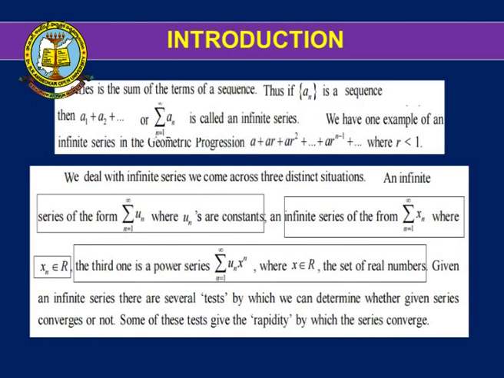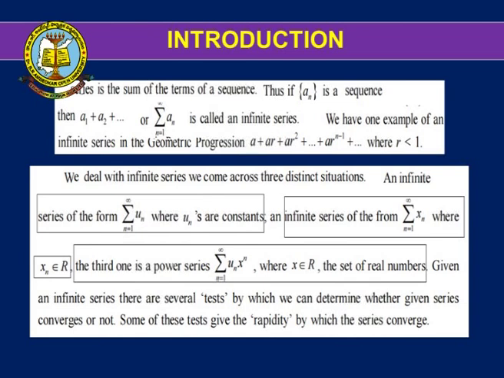Here we have examples of infinite series. The geometric progression is one example of an infinite series. The geometric series is a plus ar plus ar square plus so on, plus ar to the power of n minus 1 plus so on, with infinitely many terms, where the absolute value of r is less than 1.